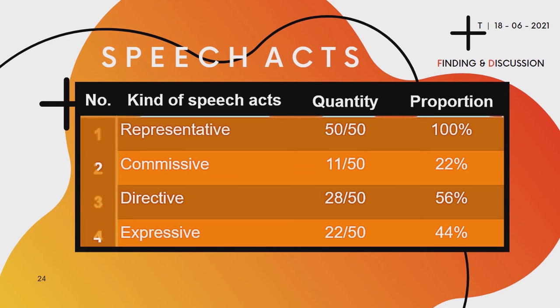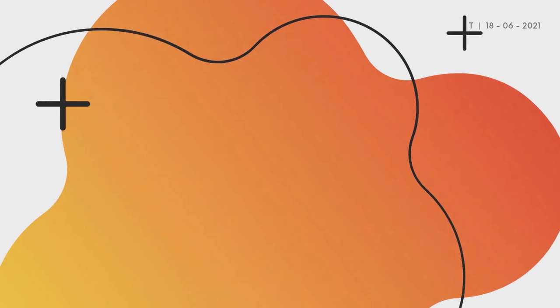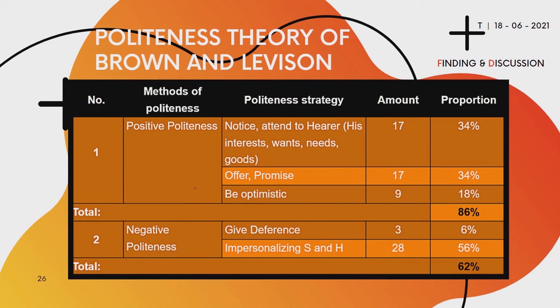Looking at the table, we could recognize that representative and directive are the dominant tools. Besides, directive and expressive are used more frequently than commissive. In the original paper, I have explained clearly the reason for this distribution.